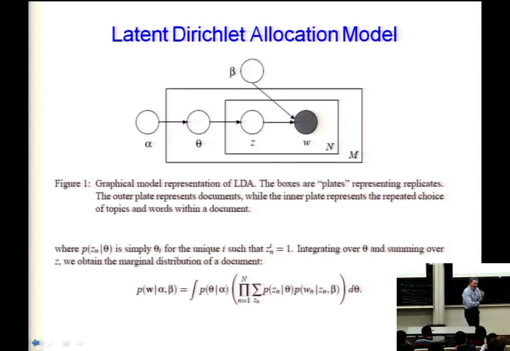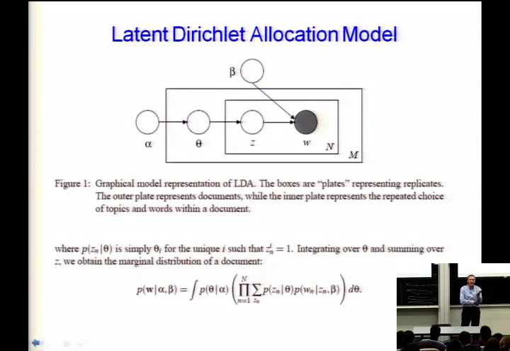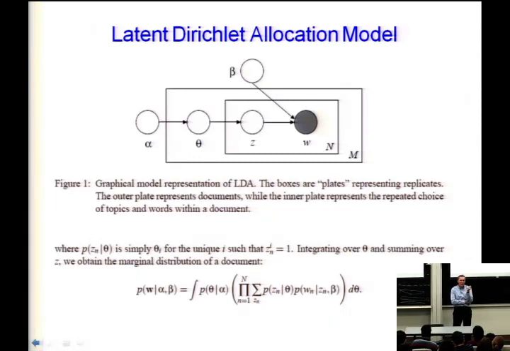Your question is very interesting, because you're saying, if we had two documents, would we have the same theta given alpha in those two documents? No, the same P of Z given theta. There's one layer. P of Z given theta. But in the previous page you said they're not.